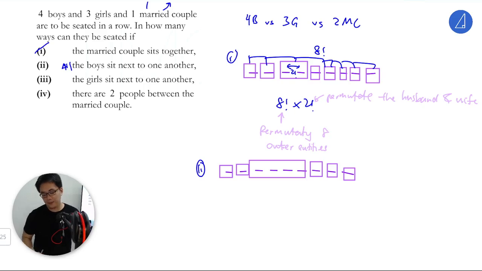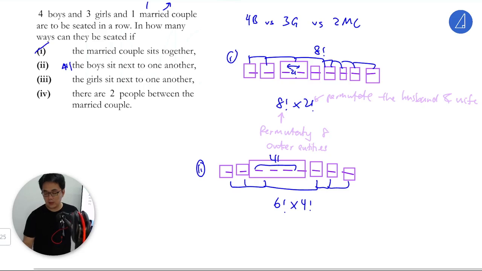So all the boys sit next to one another. So 6 outer entities times 4 factorial. The boys can also arrange by themselves.